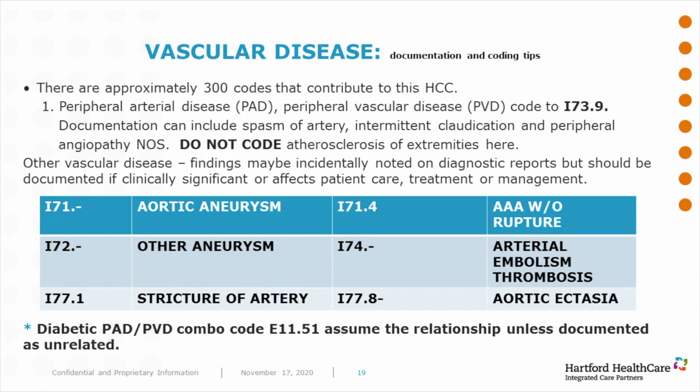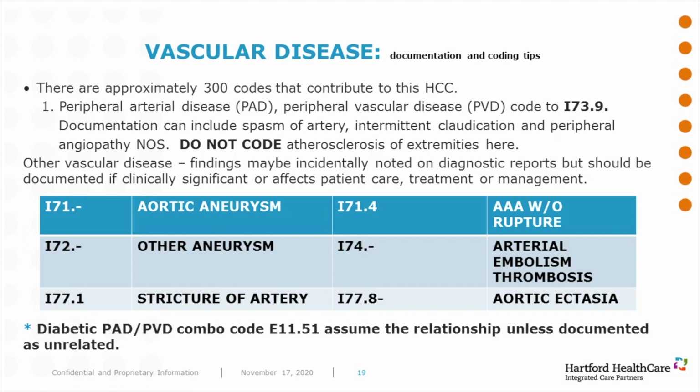There is a combination code of diabetic peripheral artery disease and peripheral vascular disease that's utilized as a combination code. As a coder, we can assume the relationship unless the provider documents as unrelated. And this diagnosis code, E11.51, is usually missed in regards to code capture.